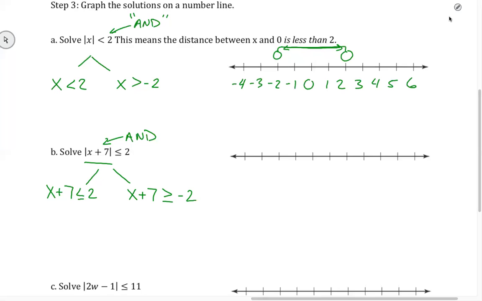All right, so let's do the left side in blue. So I subtract 7. So x is less than or equal to -5. Let's do the right side in red. How do I get rid of the plus 7? I subtract it. So x is greater than or equal to -9.